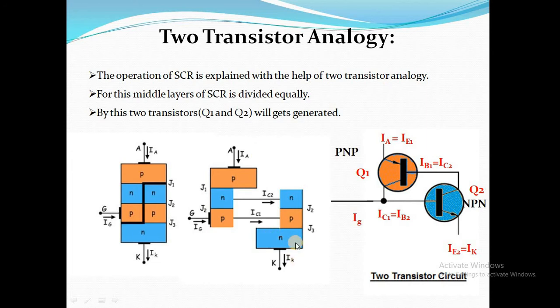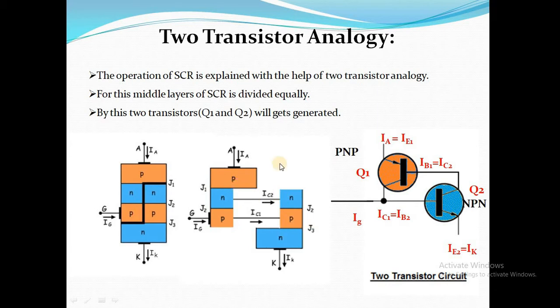In this construction we can also observe that the base of the first transistor is connected to the collector terminal of the second transistor, and the collector terminal of the first transistor is connected to the base of the second transistor. So these terminals are internally connected to each other, and we get a two transistor circuit.